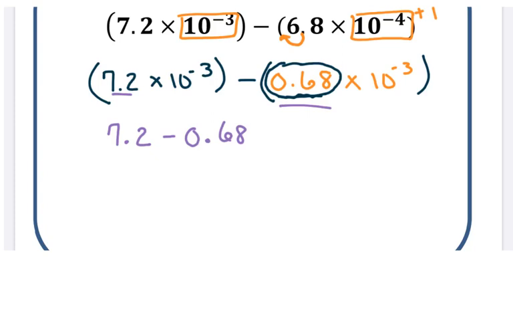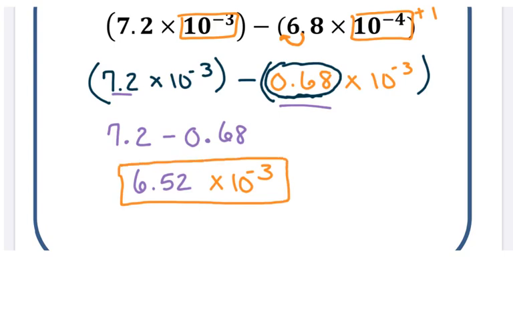Okay, and once you've done that, you should get 6 and 52 hundredths. And then we're going to keep that new power of 10 that we created. So hopefully at this point you are getting used to this.